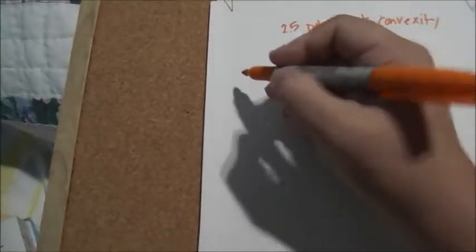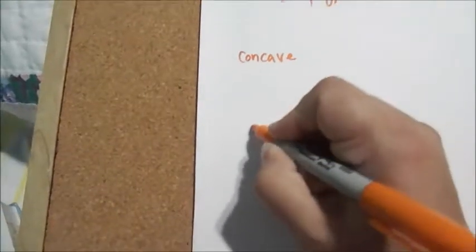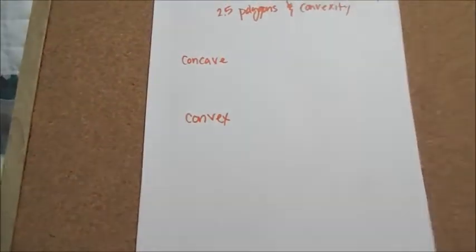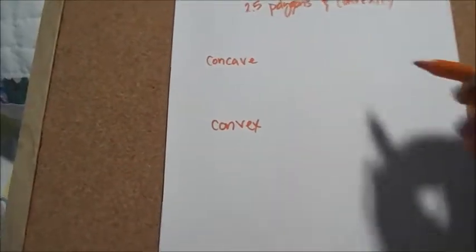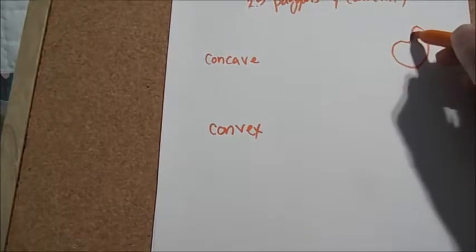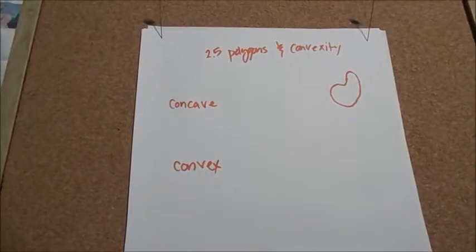And convexity is, you have two choices. You're either concave or you're convex. Okay, those are your two choices, and if you take a look at the picture, it has this picture that looks like that, and it also has the definition of concave at the bottom of the page.